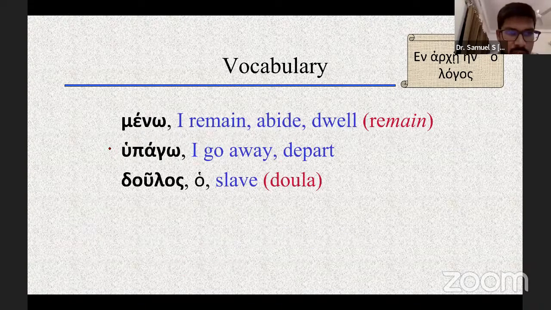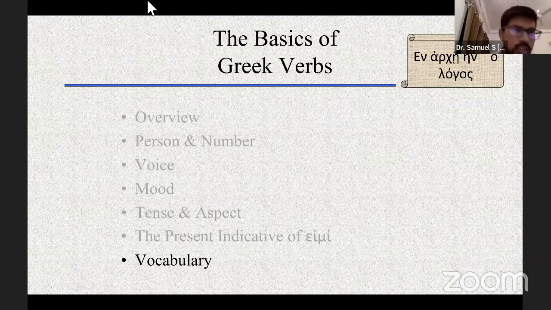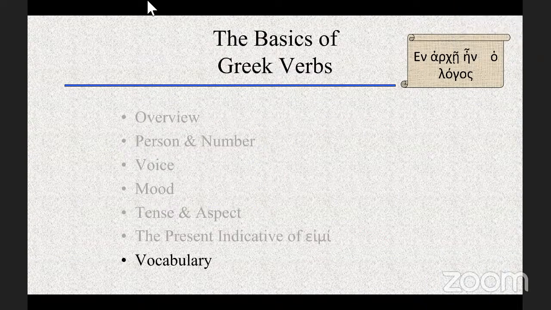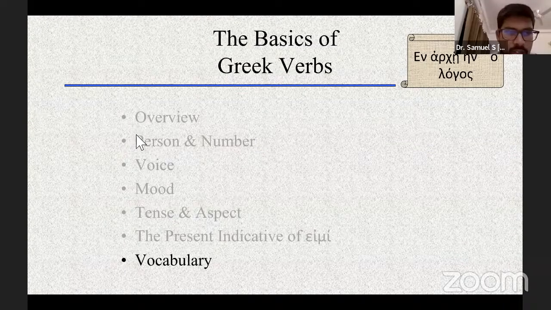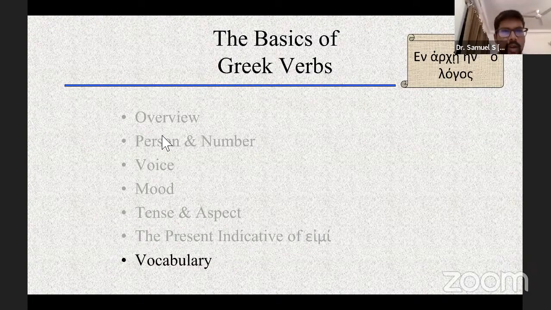Did you see it? Yeah. Somebody was saying something. Yeah, the second person singular, no? This ei. Yes, yes. See here.